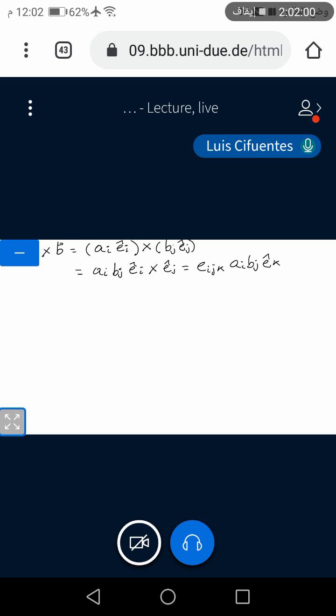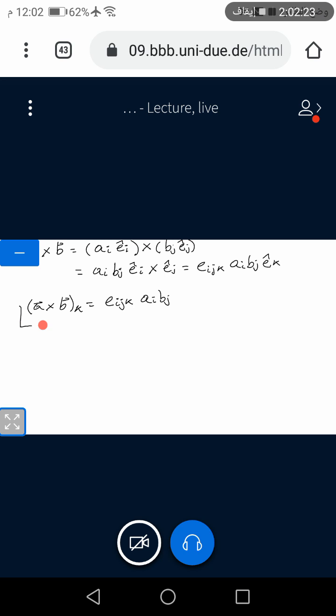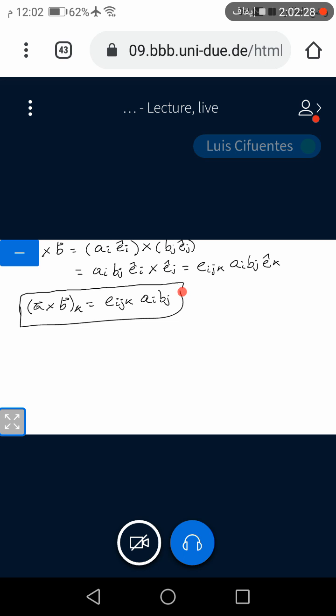It means that we have another vector from this cross product, the vector k. Very simple and very well known.